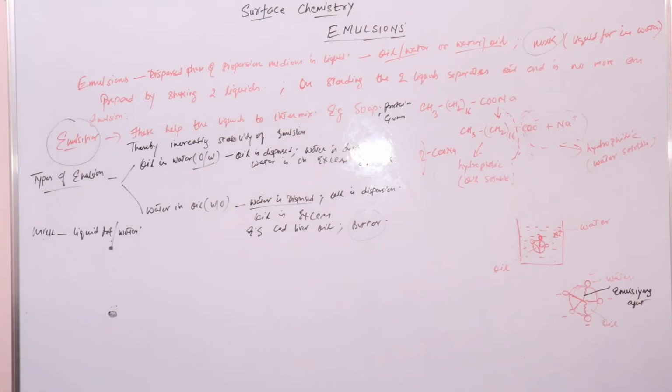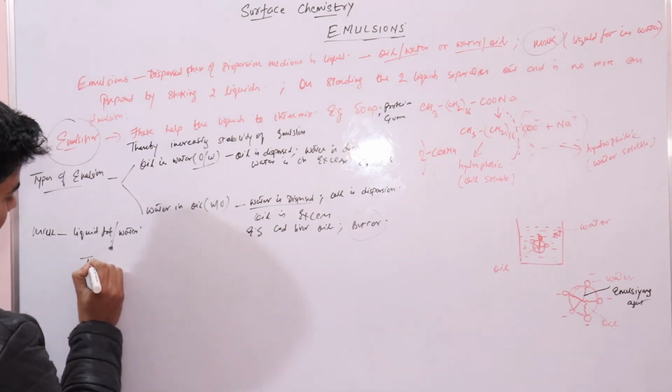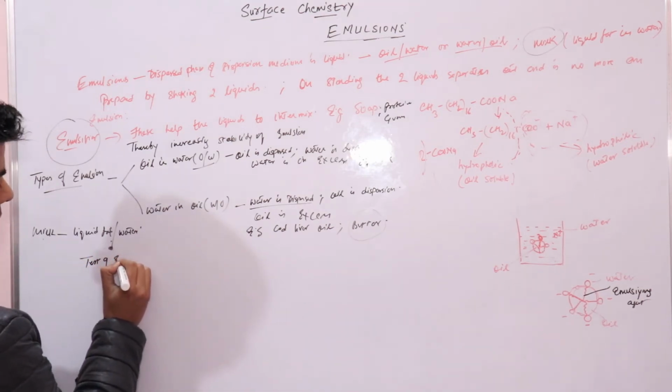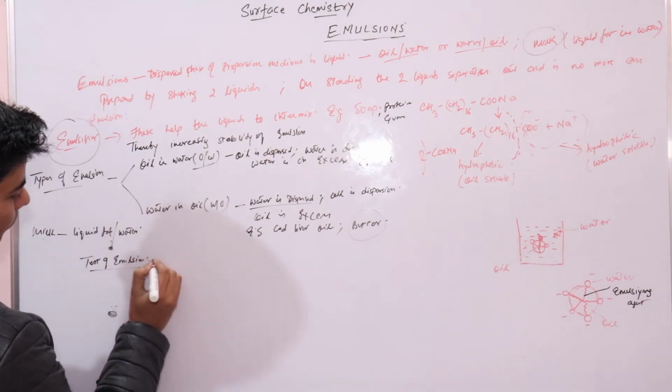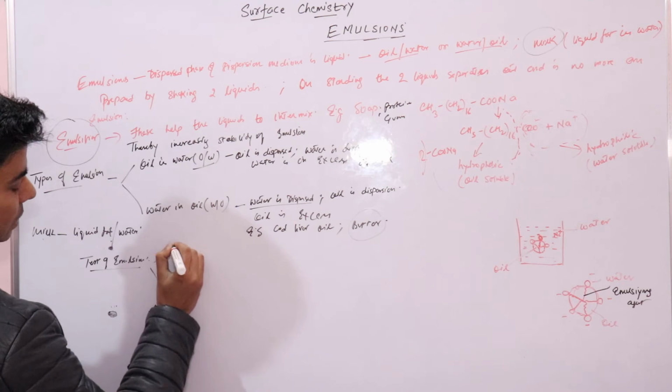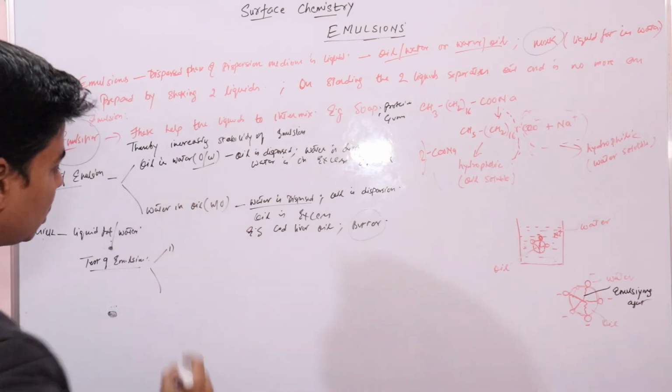Now we have one more thing, how to test what kind of emulsion you have. Tests of emulsions. The first test would be to add water.